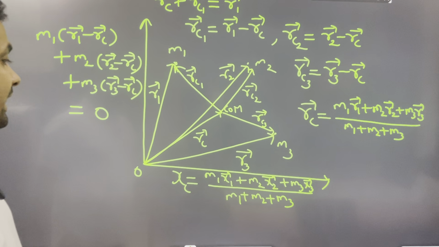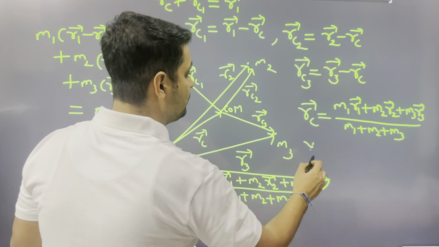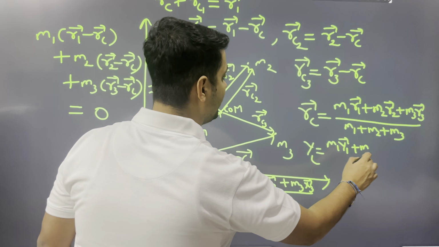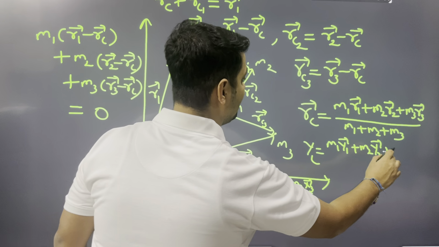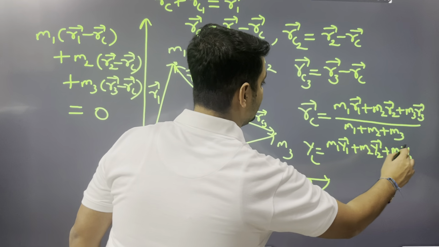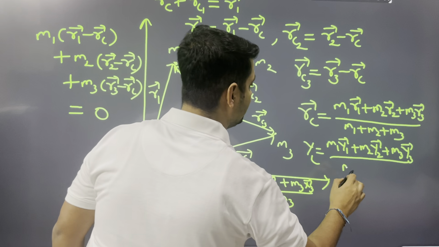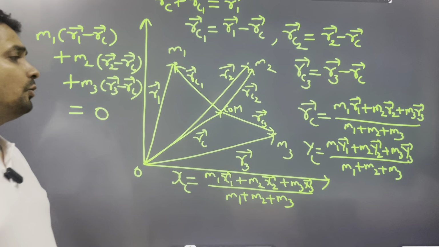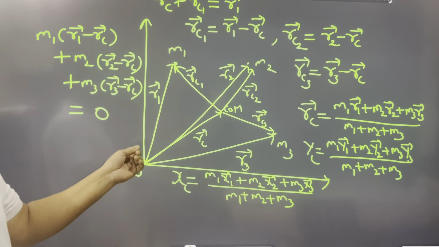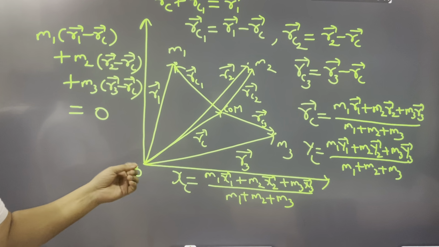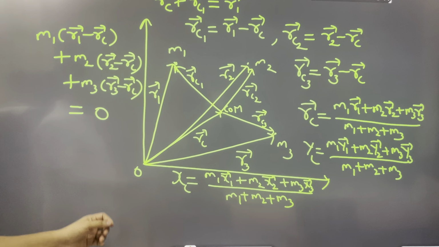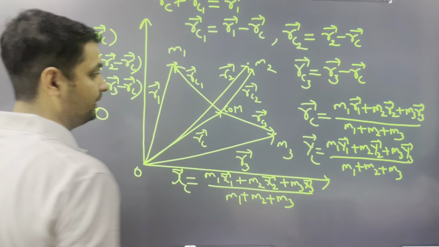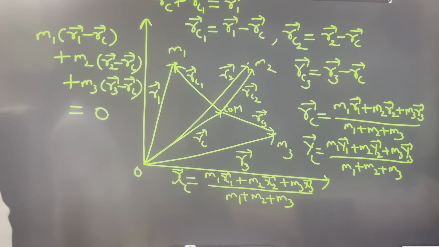In the same way, the YC vector will be M1 Y1 plus M2 Y2 plus M3 Y3 divided by M1 plus M2 plus M3. So in this way, we can find the center of mass position vectors for different particle systems. We have found the XC vector, YC vector, and RC vector. Correct? So we will see one problem based on this concept.